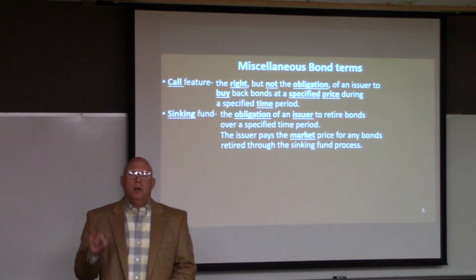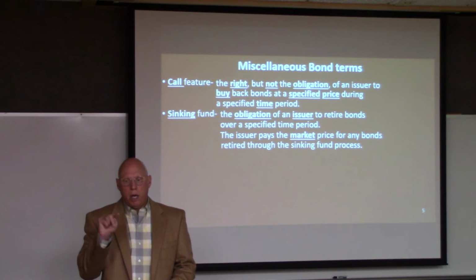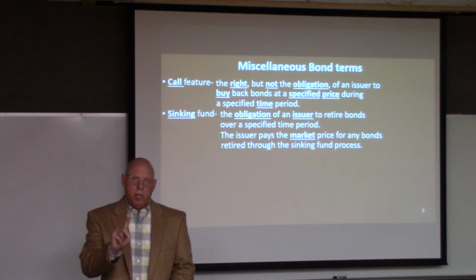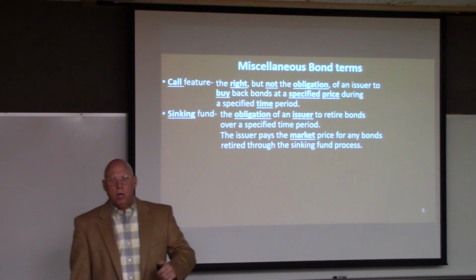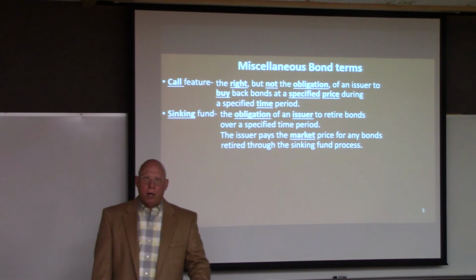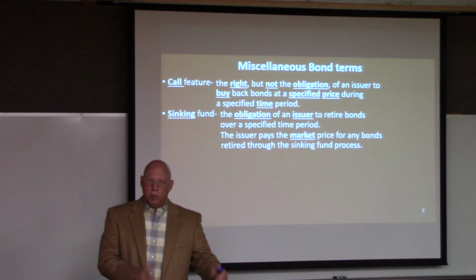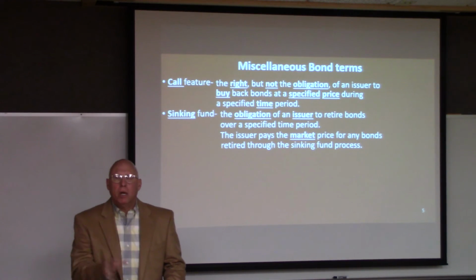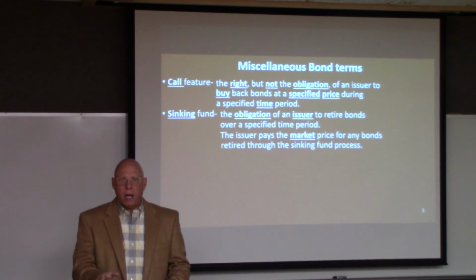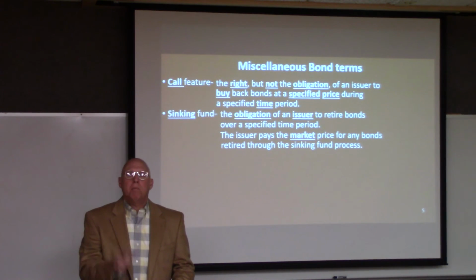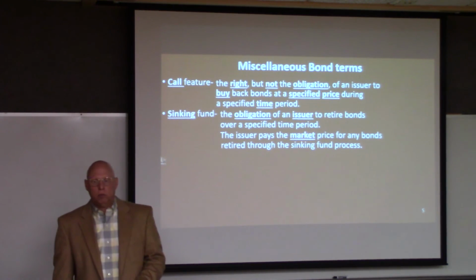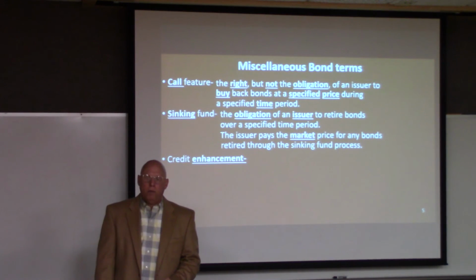So there are differences between a call feature and a sinking fund, and you need to know the differences. A call feature is the right but not the obligation of the issuer to buy back bonds, with a specified time frame and a specified price. With a sinking fund, they don't have the option. They must buy a certain number of bonds back, and they will pay the market price when they buy the bonds back. That's the difference between a sinking fund and a call feature.